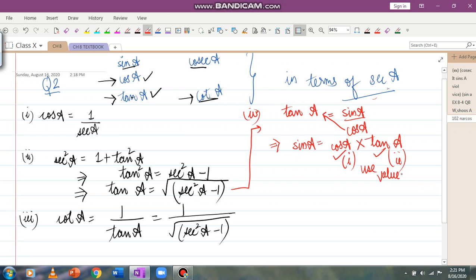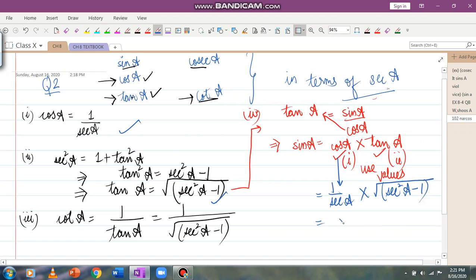Use values. So once I use the values, cos A from first part is 1 over secant A. Tan A from part 2 is the square root of this binomial. So value of sine A becomes square root of secant square A minus 1 over secant A. This is the value of sine.